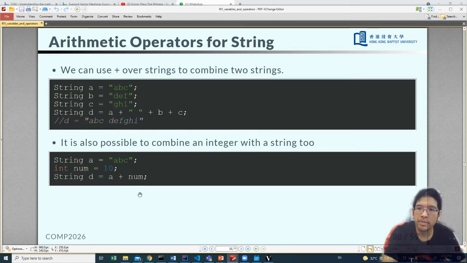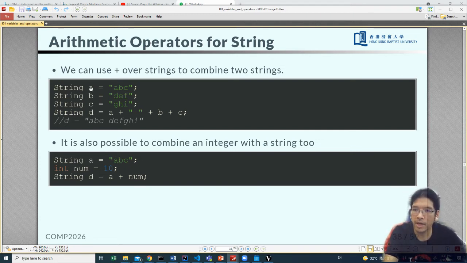We can also use the plus symbol over strings to combine two strings. For strings, we can use the plus symbol, but we don't use minus. Remember, strings are about multiple characters, and this plus symbol means concatenation, joining them together.